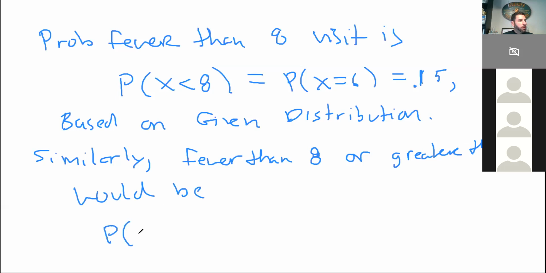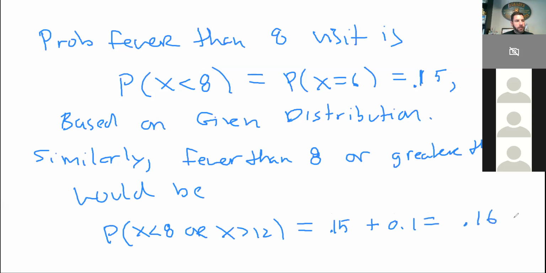It'd be the probability that X is less than 8 or X is greater than 12. And all that is 0.15 plus 0.1, which is 0.16.